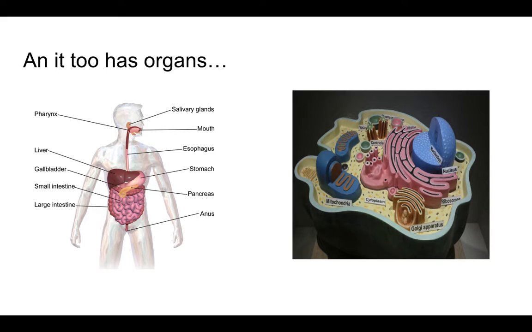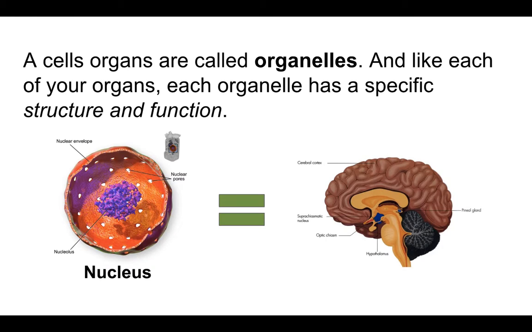I don't want to force you guys into rote memorization of all the organelles, but I do want you guys to understand that the cell is filled with organs. So organelles, again, all have a specific structure and function.